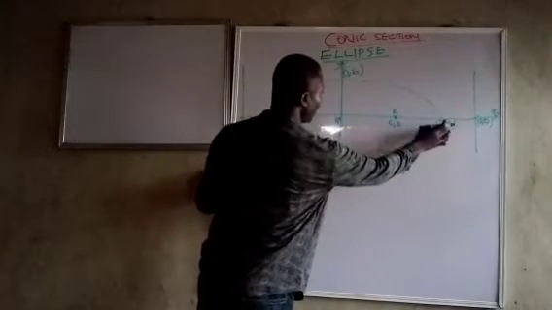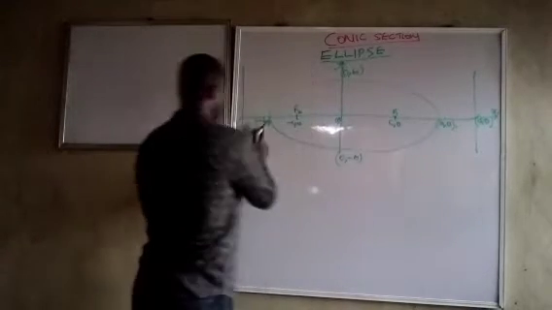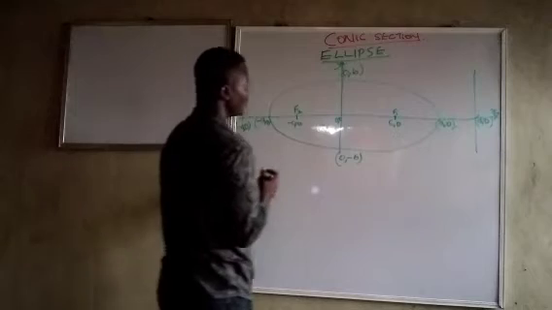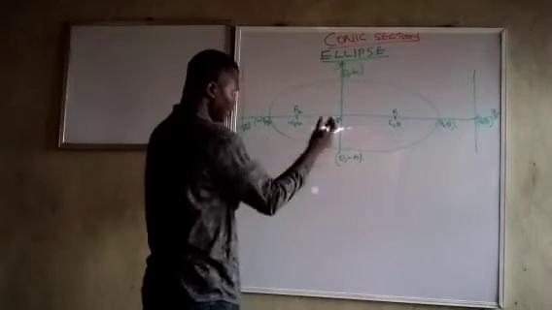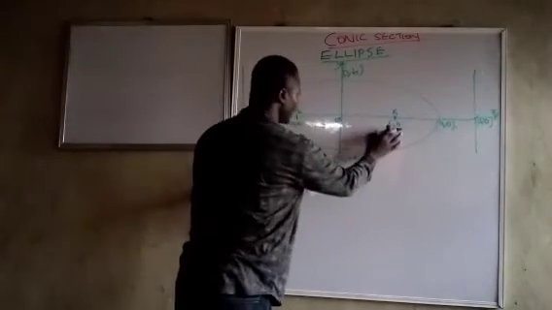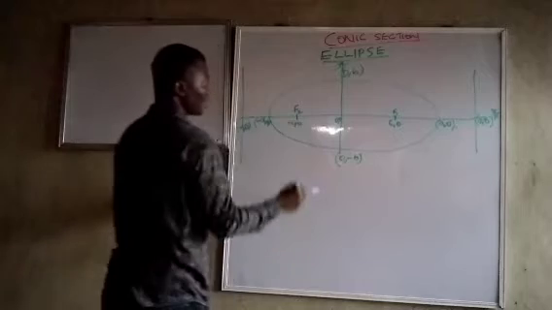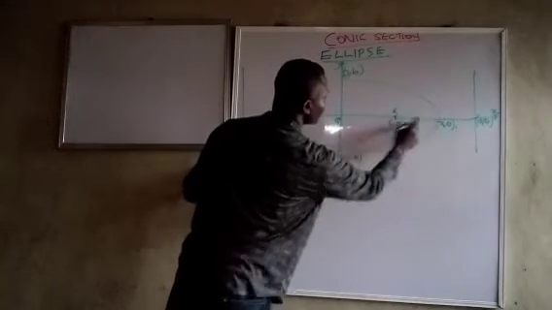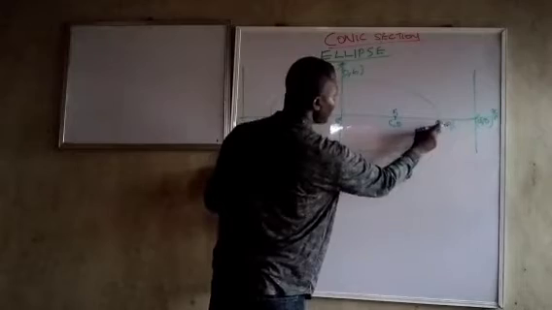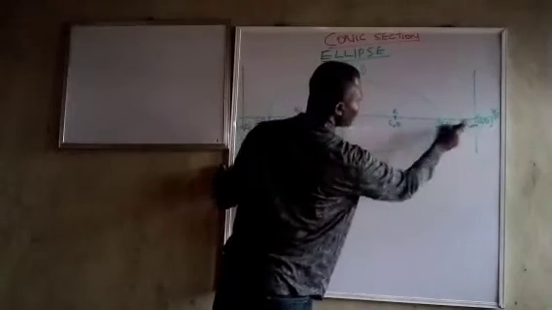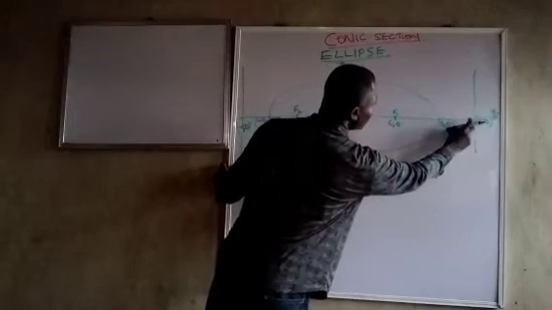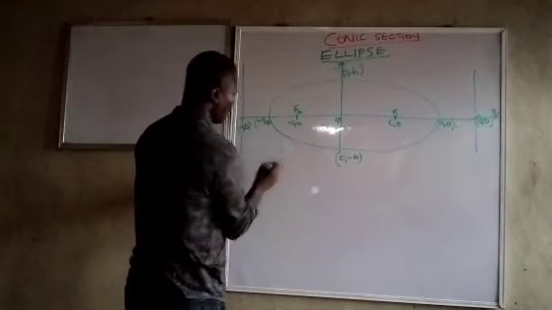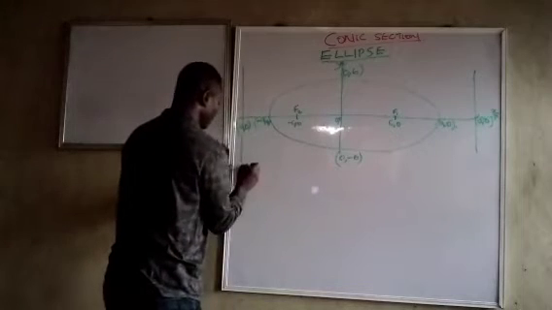This is one vertex, the second vertex. I want to get the relationship between A, C, and D. Now, the distance of A from F1 to the distance of A from D is E from our explanation.